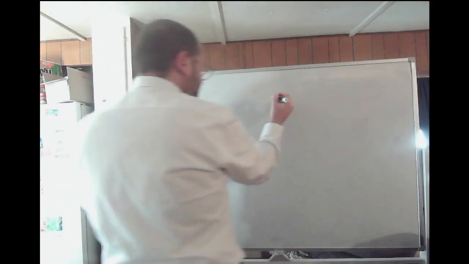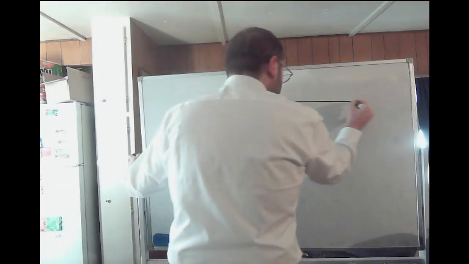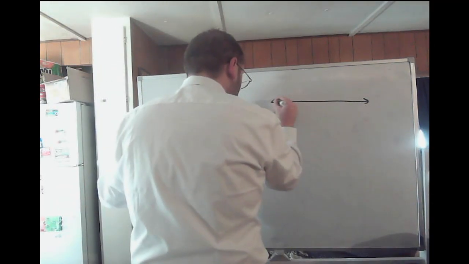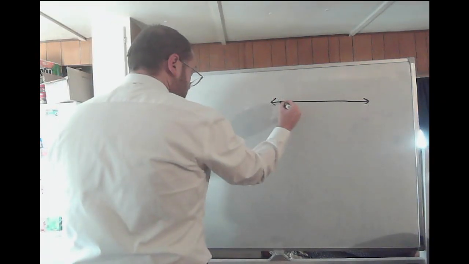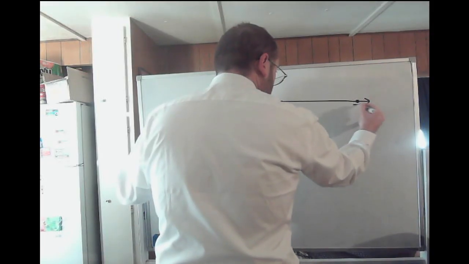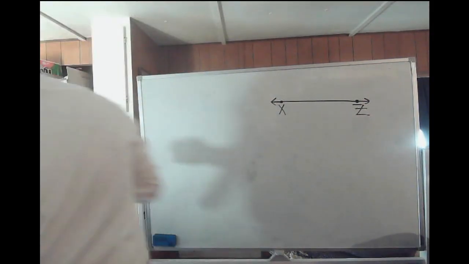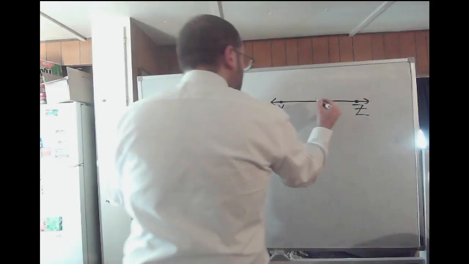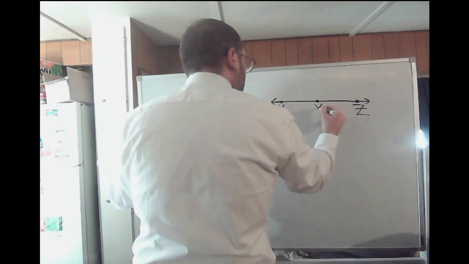Alright, what is the last one here? So, let's draw this line. X and then Z. X and Z there. Y will be in the middle.